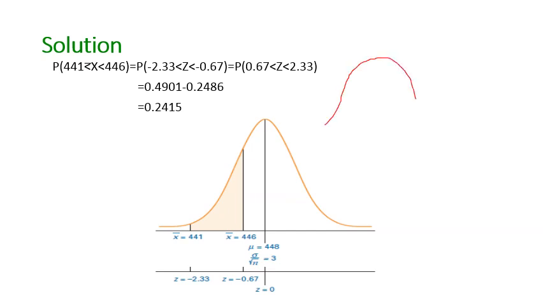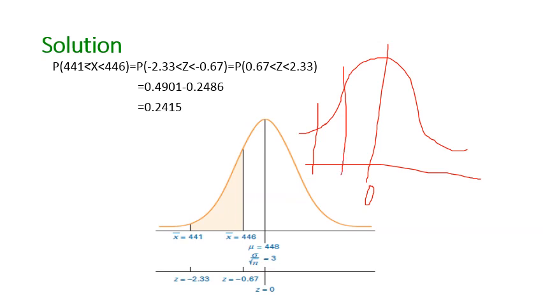If this is the graph, and this is 0, the area between negative 0.67 and negative 2.33, so this is negative 2.33, and this is negative 0.67.